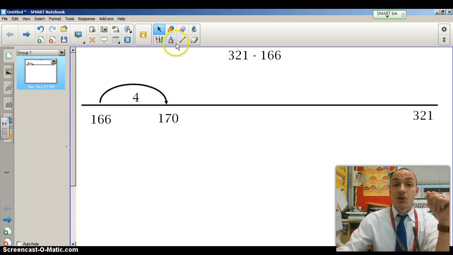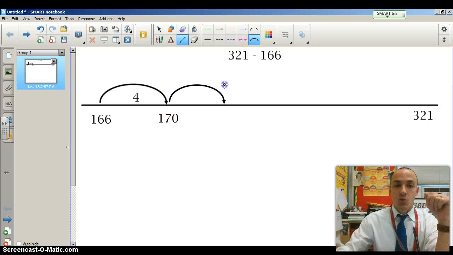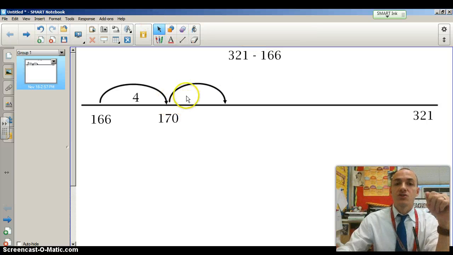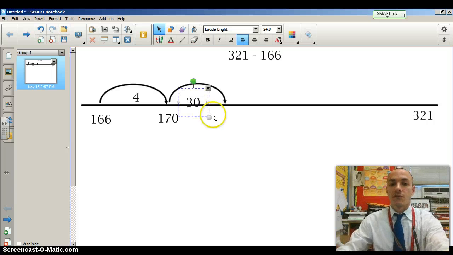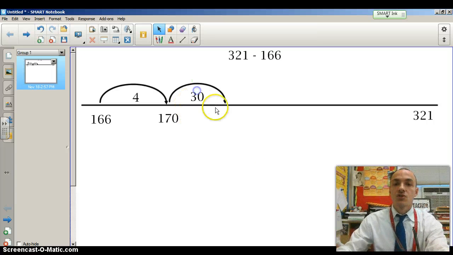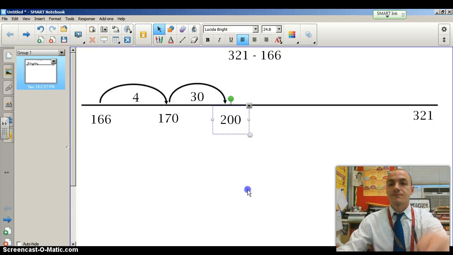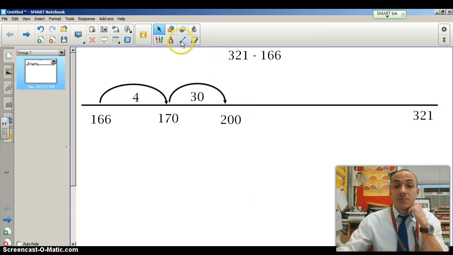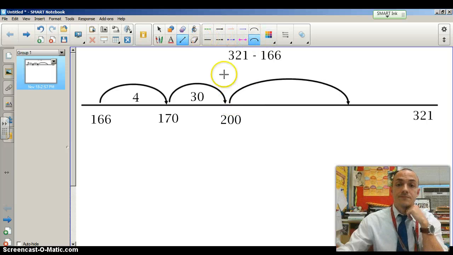Now that I'm at a nice number, let me jump 30, and that's going to get me to 200. Again, what I'm trying to do is jump with numbers that work for me. Now I'm at 200. I'm going to make a big jump here. I'm going to jump 100, and that's going to get me to 300.